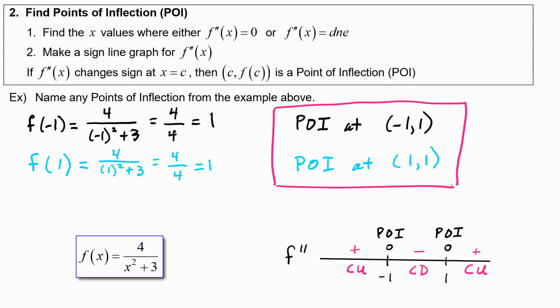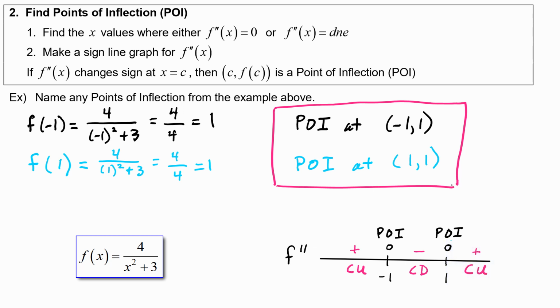If we look back at our graph here, we see that from -∞ to -1, the graph is concave up. It will hit a point of inflection, and then it will change over to being concave down. Then it will hit another point of inflection and change over to being concave up again.